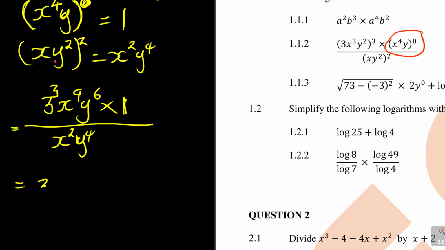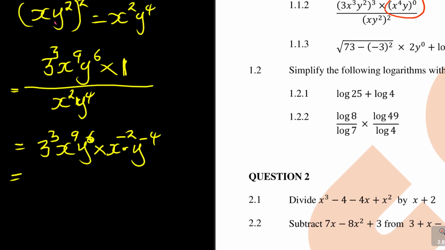So it's going to be 3 and then x9, I continue with y6, and then x to the minus 2. You still multiply, but it becomes x minus 2, y minus 4. It's still multiplying, but the negative is in the exponents.